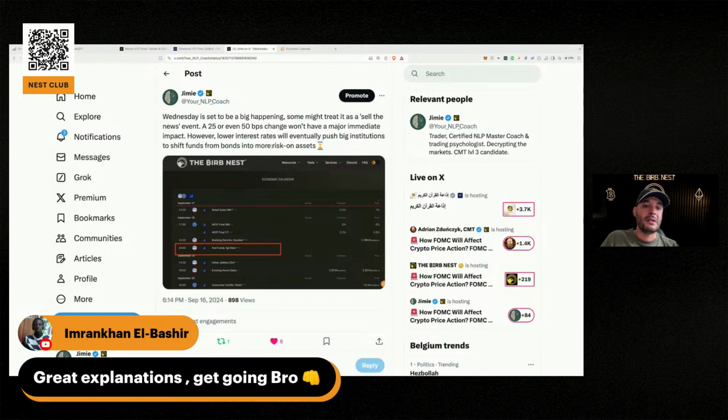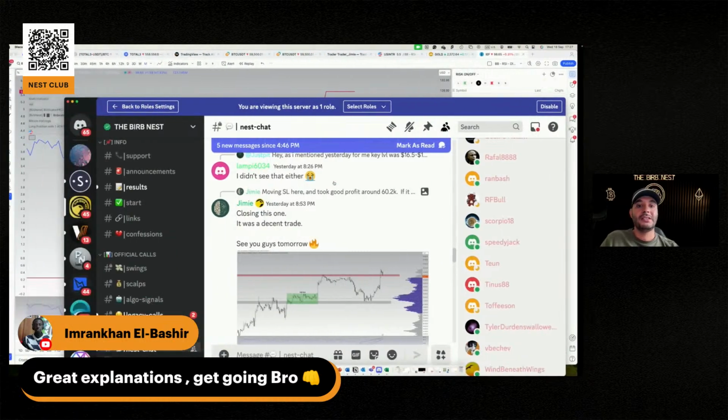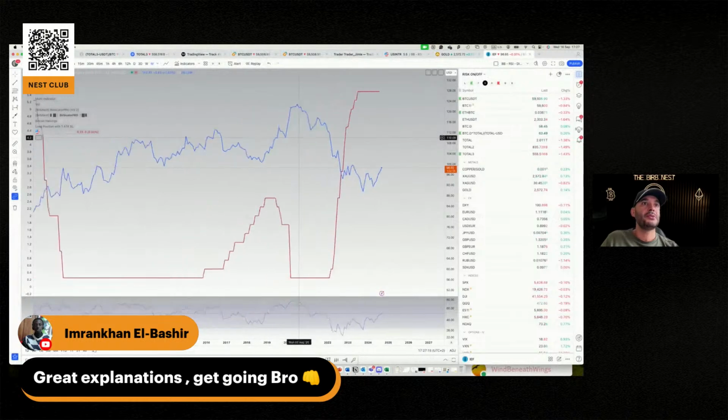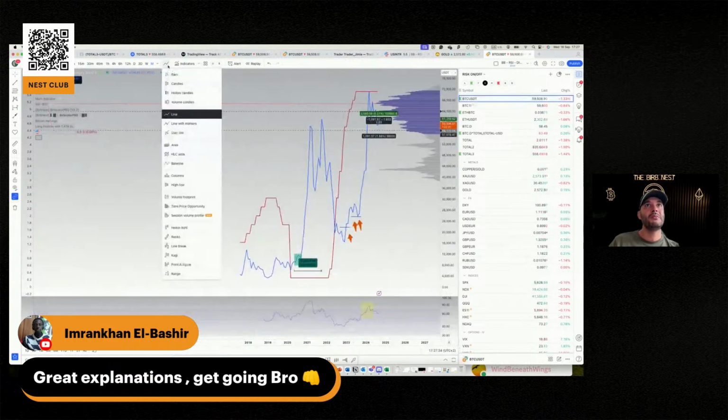But I don't believe that just because it goes down 25 points, 50 points, even 75 points, that would make a huge difference. This will take some time, as we can also see here. These things really take time before we actually feel the effect and impact, as it is a non-binary event. So enough about interest rates. Let's check what Bitcoin is doing.